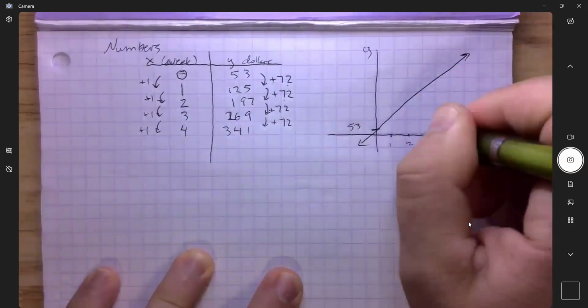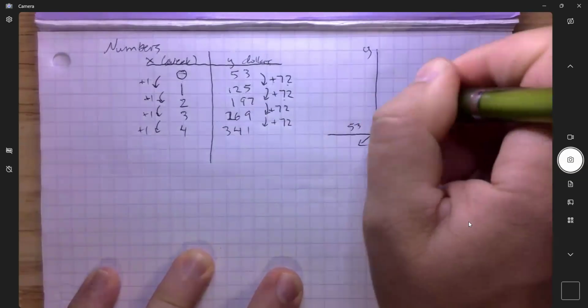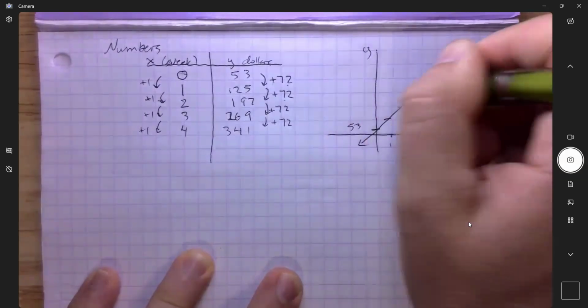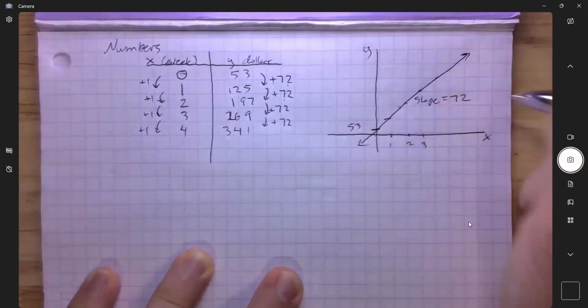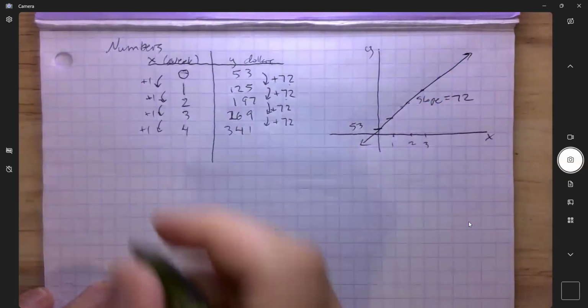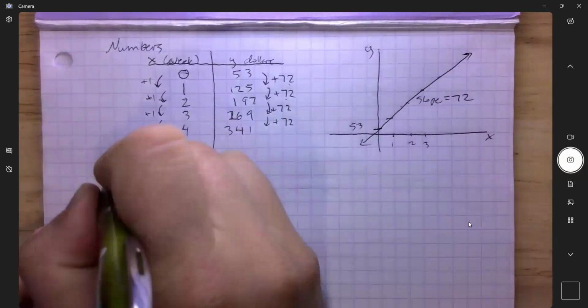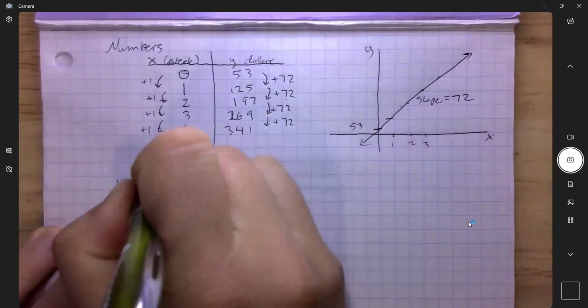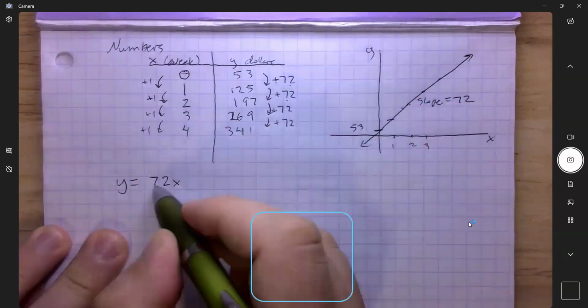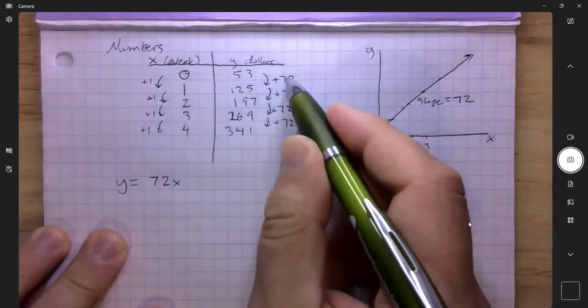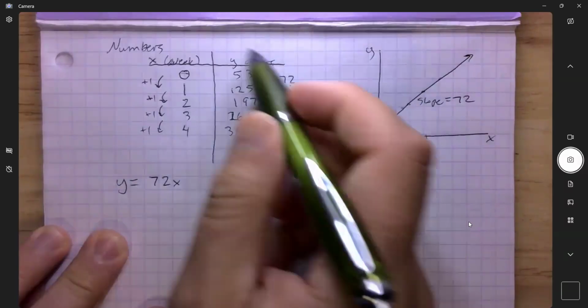And every time I go up by 1, I'm going up, so the slope is 72. And then the symbols are y equals 72 times x. If we're adding 72 each time, that means the slope is 72. That's how you build your formula from your table.